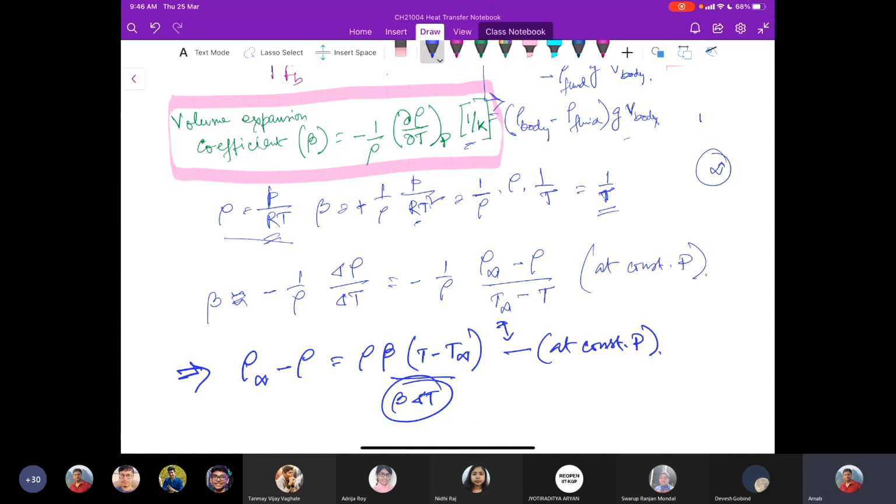So now if we go back to what we started with, the buoyancy force is proportional to the density difference. Now this density difference is proportional to the temperature difference at constant pressure.